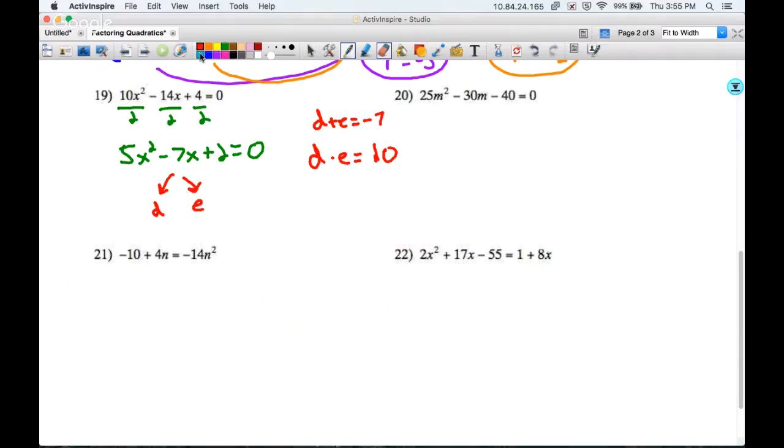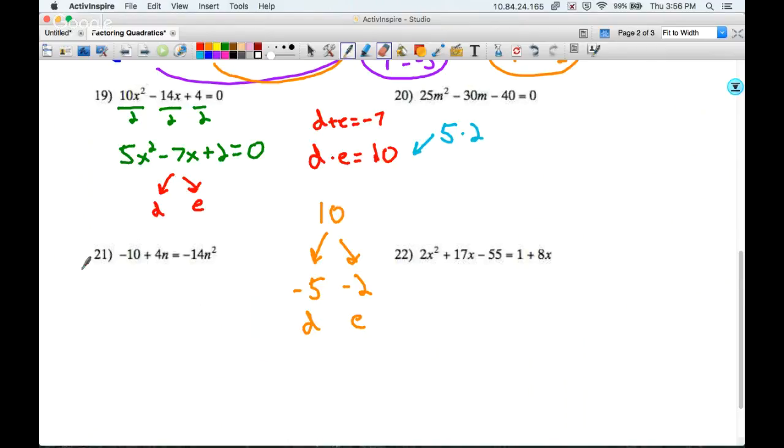So that came from 5 times 2, the first and the last number there. So let's see, numbers that multiply to be 10 but add to be -7. That's going to be a -5 and a -2. All right, so that's my d and my e value. They do add up to be -7.